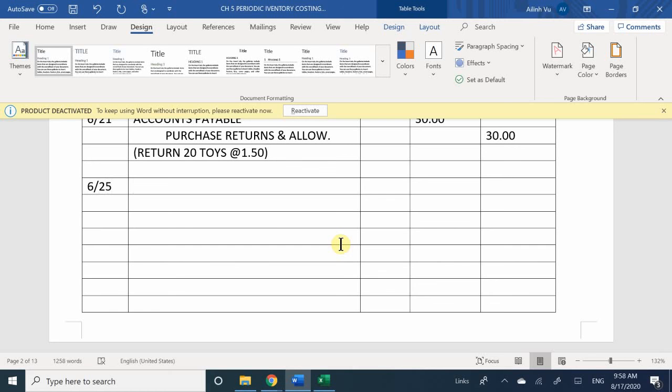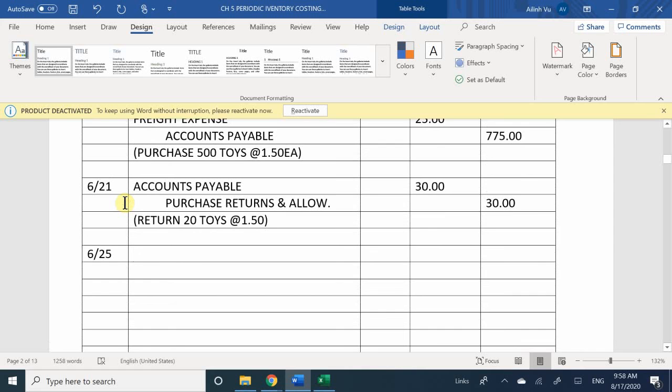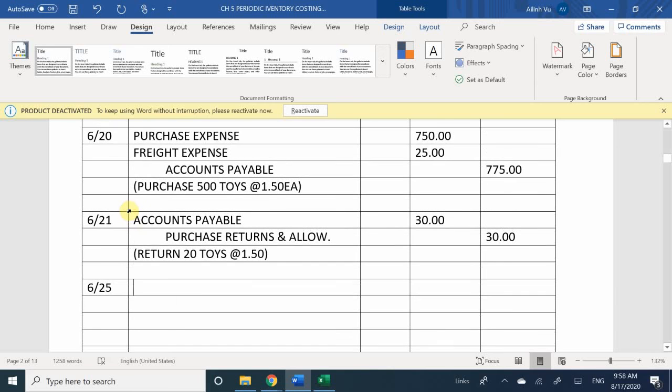All right, so what are my accounts here? Is it accounts payable? Accounts payable is one of the accounts, but are you going to debit it first or credit it first? It was purchase expense, then freight expense. Good.